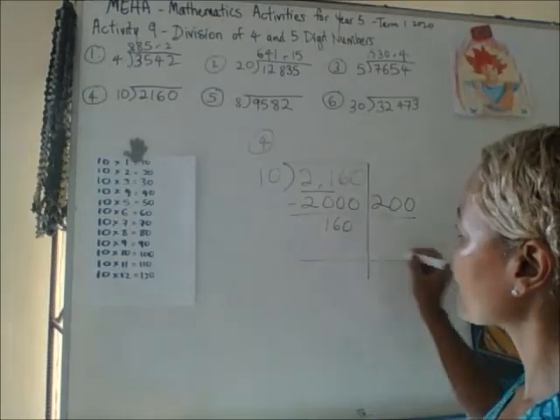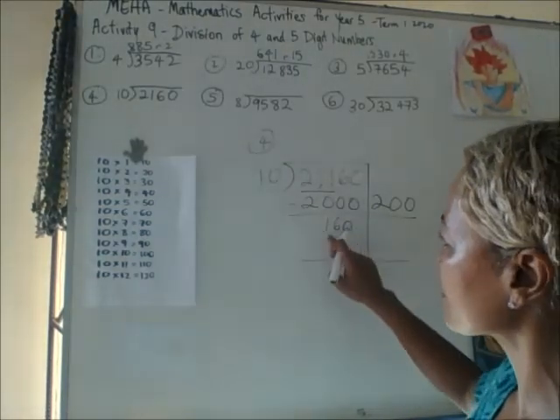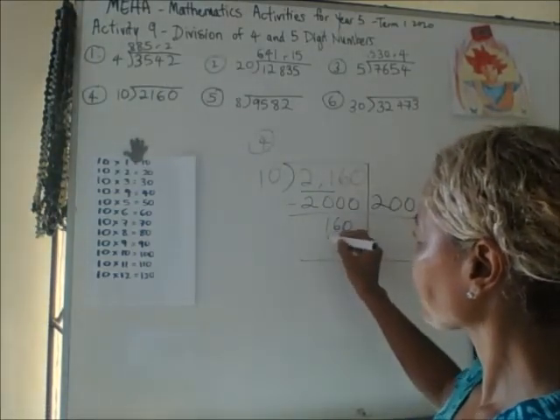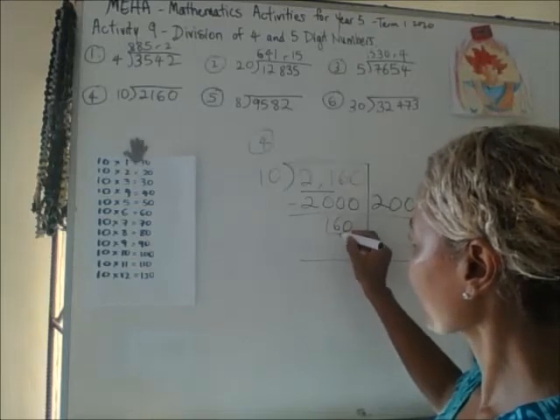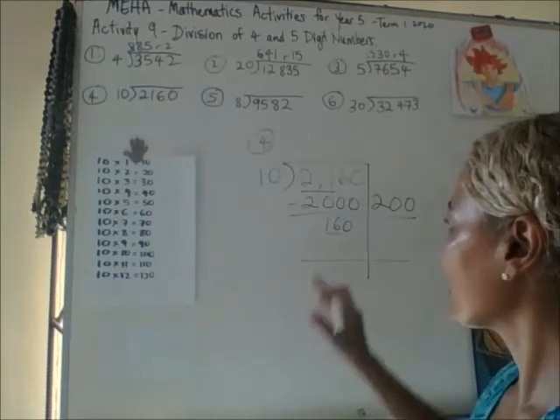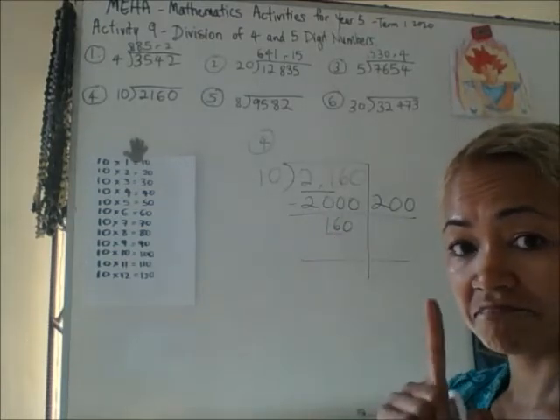Okay, next one. Does 10 go into 1? No, it doesn't. Does 10 go into 16? Yes. I can do this in one shot, but let's break it down just 2 digits at a time. 10 goes into 16 how many times?